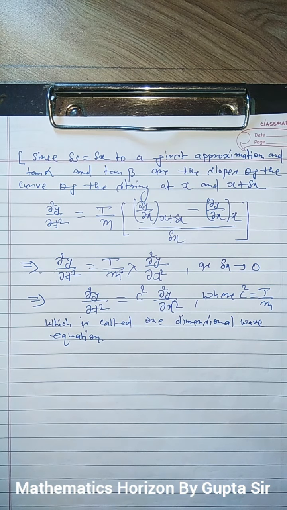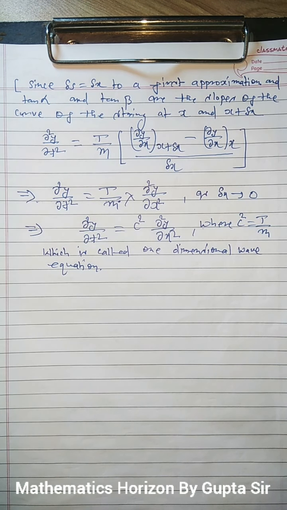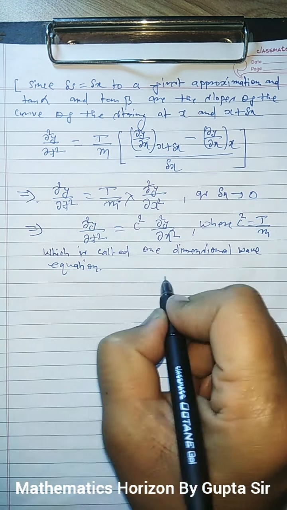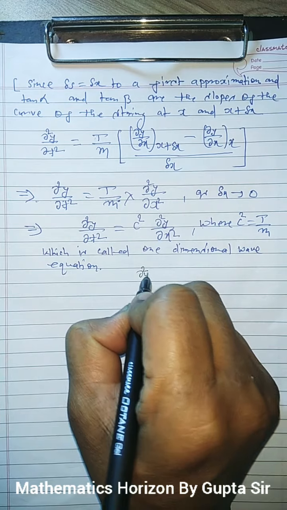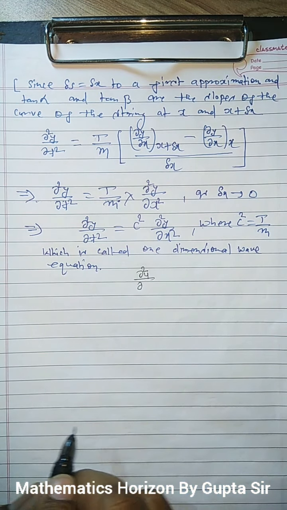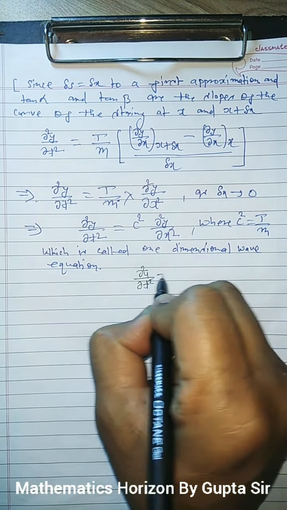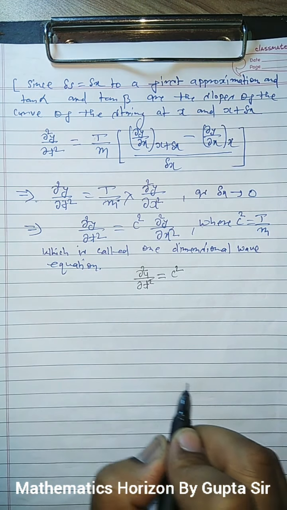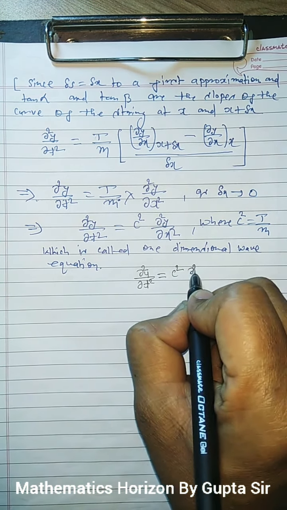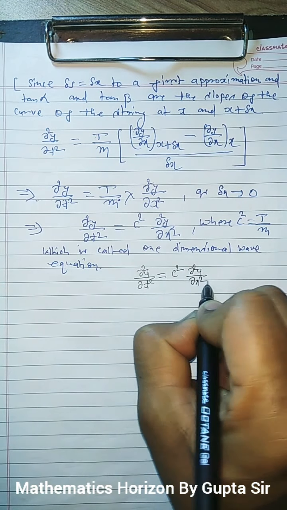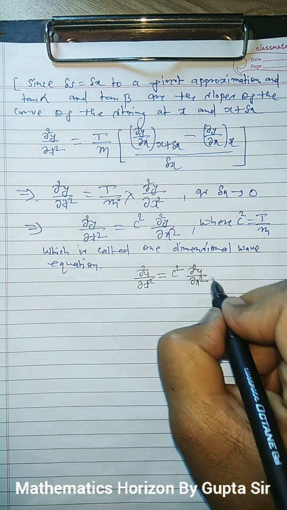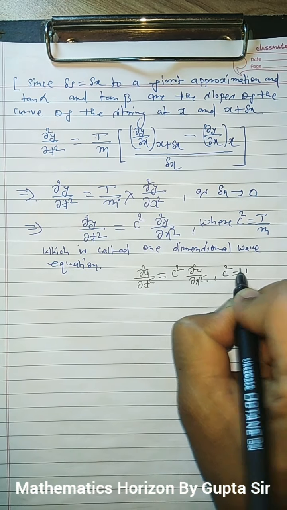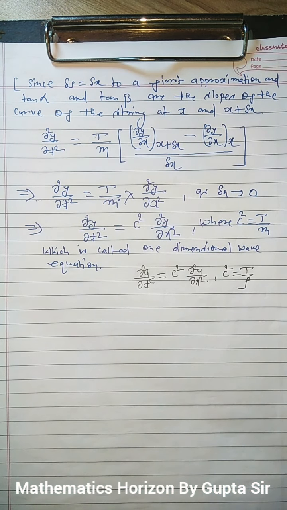And if you feel some authors also use this one-dimensional wave equation as del square u upon del t square is equal to c square del square u upon dx2, where c square equal to T upon rho.